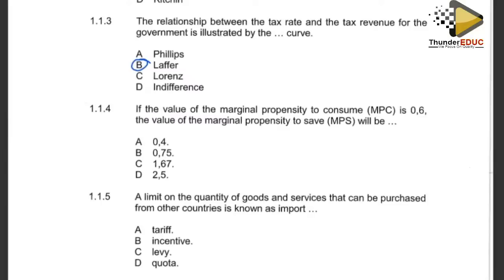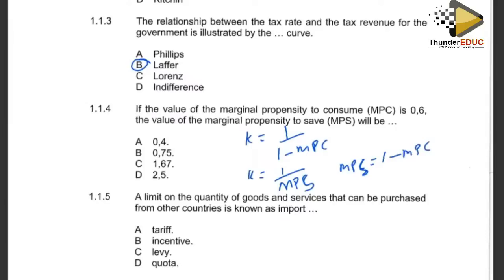If you still remember, grade 12s, whenever we calculate the multiplier it is 1 over 1 minus the marginal propensity to consume, or we can use the formula 1 over the marginal propensity to save. If you check these 2 formulas, you can see that in our denominator, MPS is equivalent to 1 minus MPC.